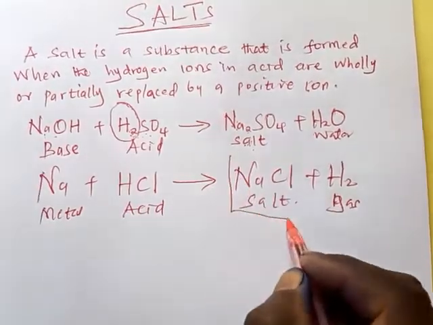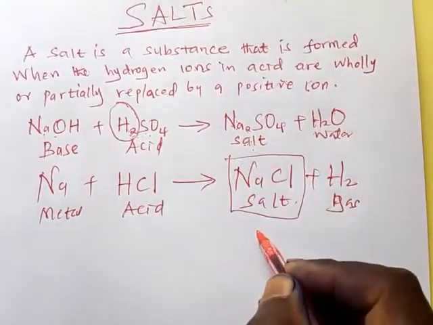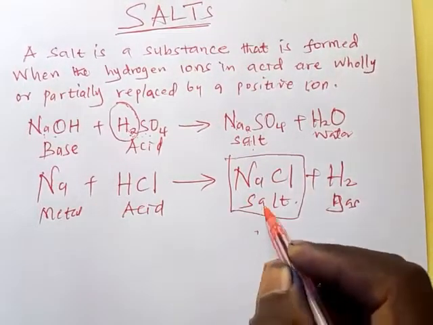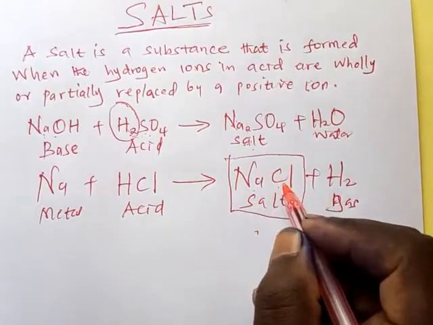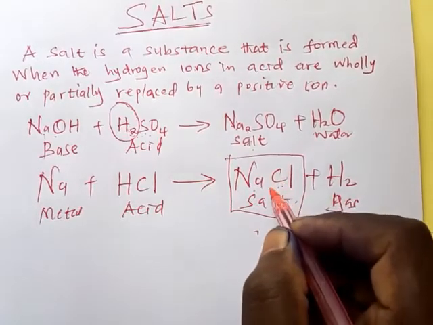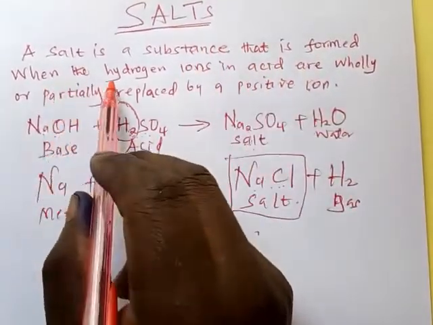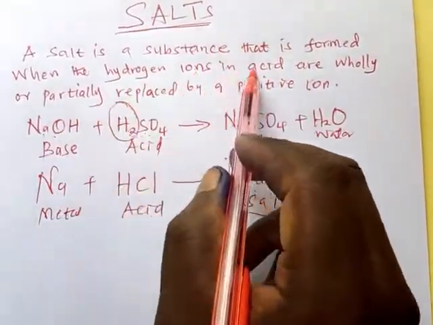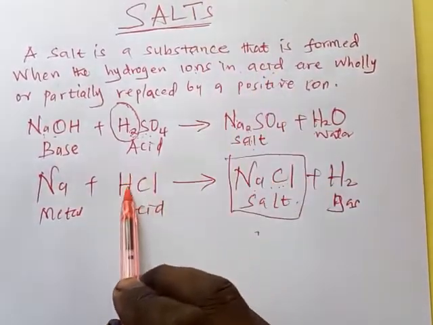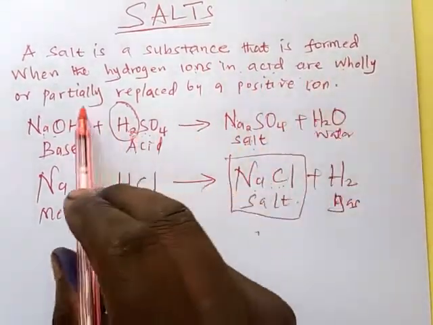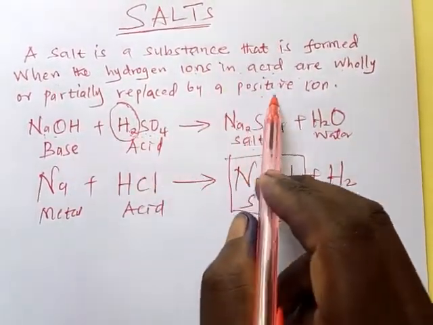We are concerned about the salt because we are talking about salts. The salt sodium chloride, how was it formed? A salt is a substance that is formed when the hydrogen ions in the acid are wholly or partially replaced by a positive ion.